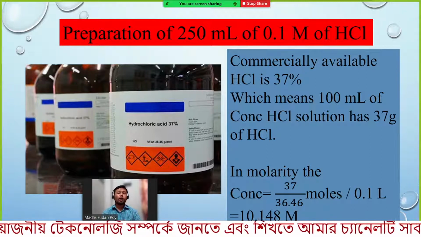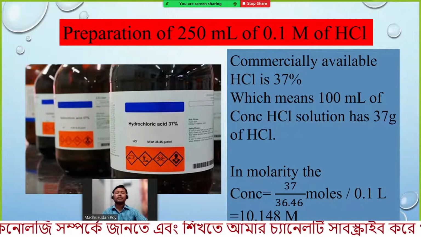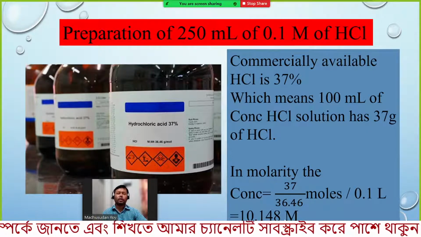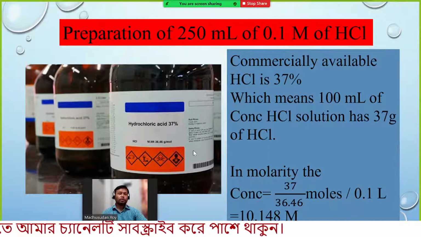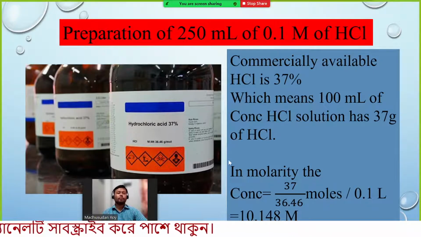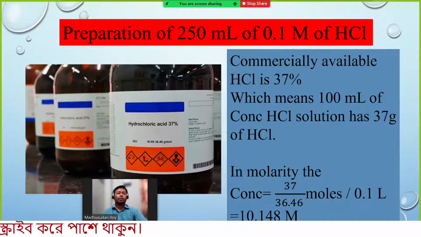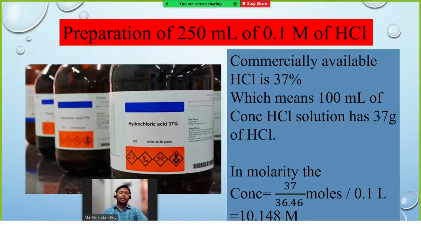Do not accept this 37% or 10.148 molar as a perfect number. It is just approximate. It can be 10.10 or 10.20, something like this, but it will be around 10.148.